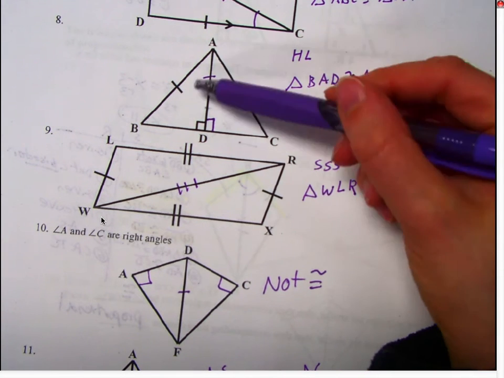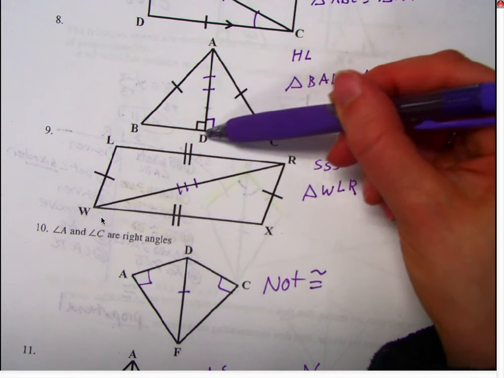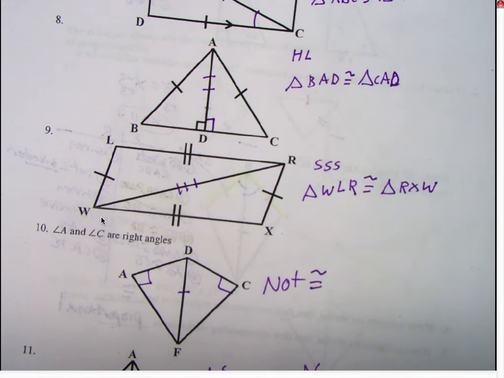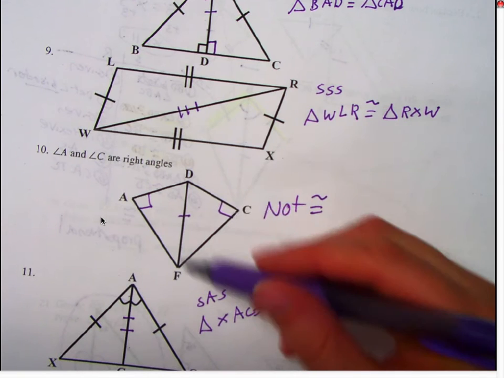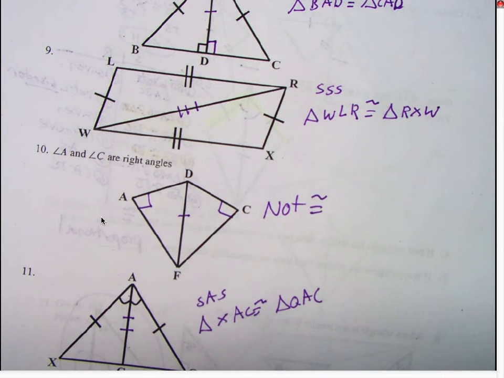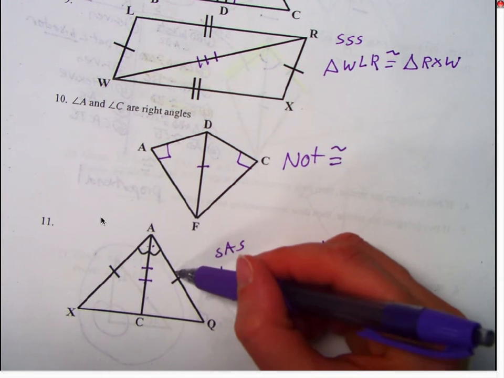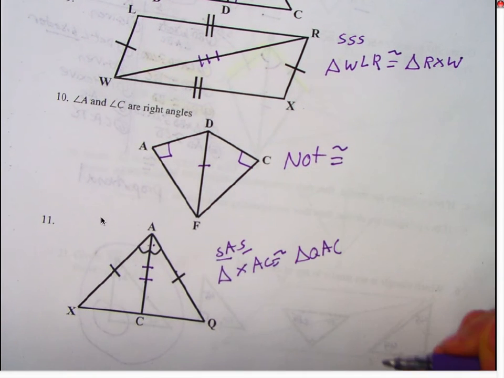Hypotenuse leg, because I have side, side, angle. See how the angle is not in between them? That's how I'm getting it. If it was angle, angle, side, I would have 2 angles with the side in between. It doesn't matter where you start. If I look right here at this angle, I see there are sides on either side. So I have to make it so there's sides on either side. Yeah? Okay. Other questions about 7 through 11?